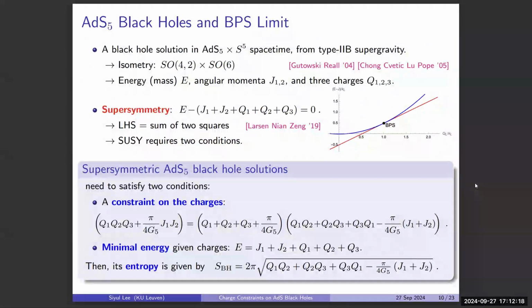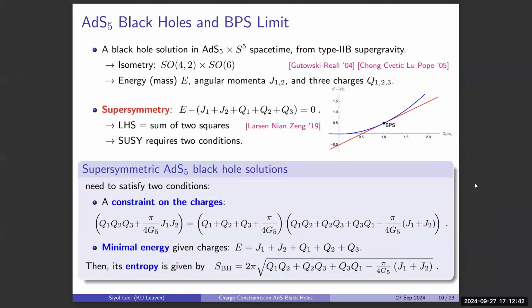Where do you get that nonlinear equation? On the gravity side, all known AdS5 times S5 solutions form a 4-parameter family of solutions, whereas there are 5 charges. And if you translate that into the charges, they all satisfy this relation.